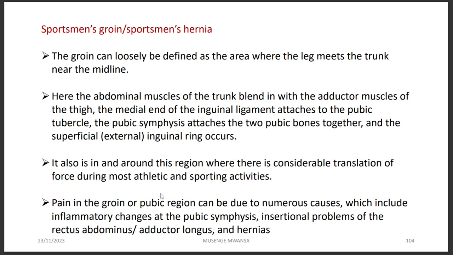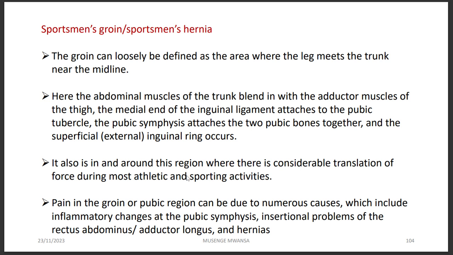These hernias are known as sportsman's hernias because of force during athletic and sports activities. It is in and around this region that there is considerable translation of force.